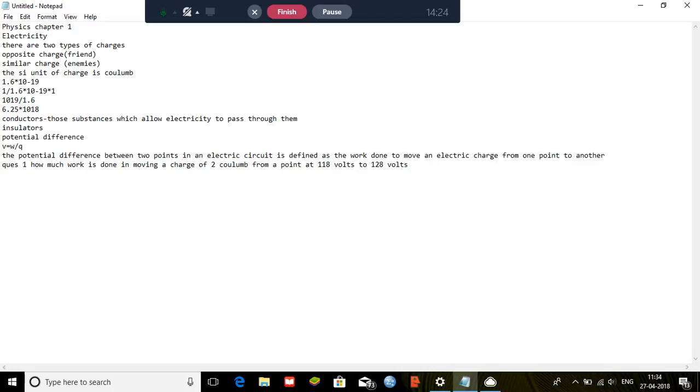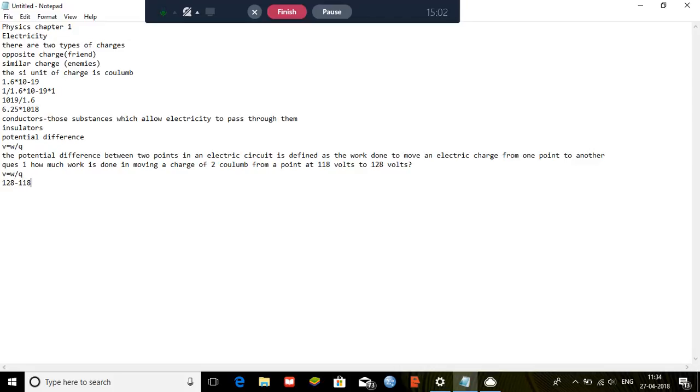Here you might be confused, since I told you a formula would be applied. Which formula? V equals W divided by Q, where V is potential difference, equal to work done upon charge moved. You might be thinking there are 2 volts, 118 volts as well as 128 volts, so what do we take? To find the actual potential difference, it would be 128 minus 118.